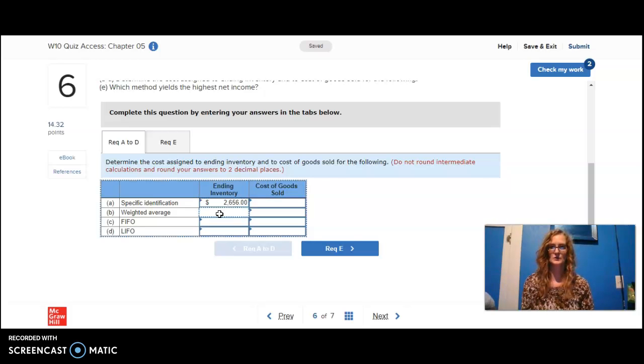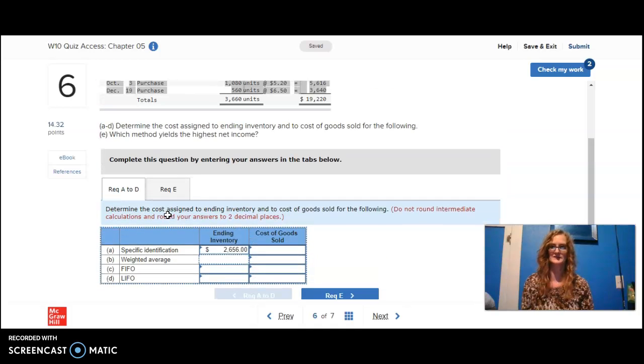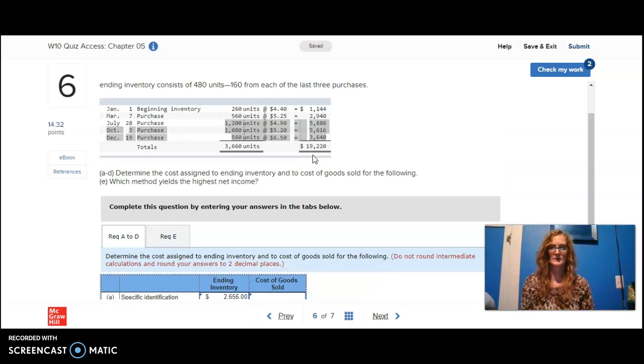And then I'm going to do the ending inventory using the weighted average method. That means we take the cost of the inventory and divide it by the number of units available.